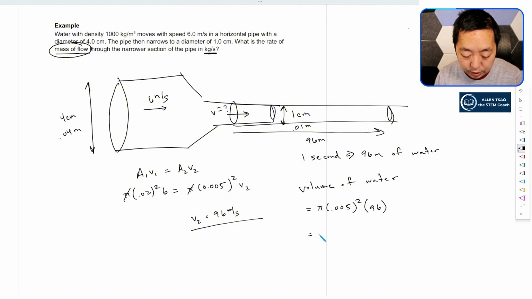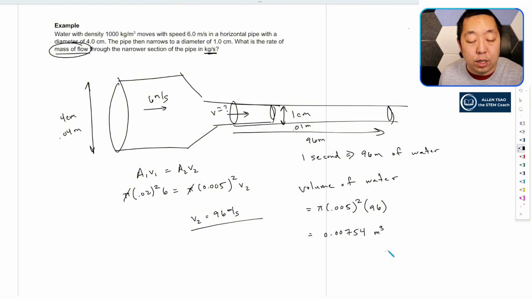So let's just calculate 0.005 squared times 96 times pi. That's going to be 0.00754 cubic meters of water. Now we want it in terms of kilograms. If we have the volume of water, then the mass of the water is related by the density, right?